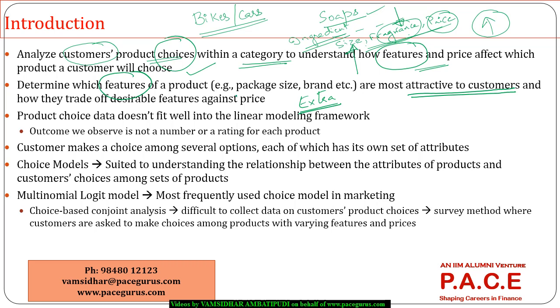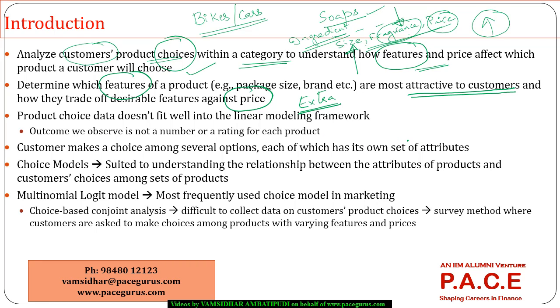So what is the level of trade-off for that extra feature against the price? How much are they really willing to pay extra for that particular additional feature? These are the things we are trying to look at as a part of our choice modeling.